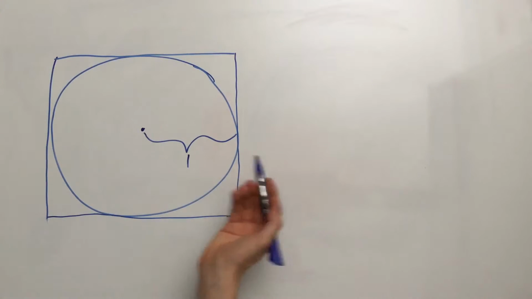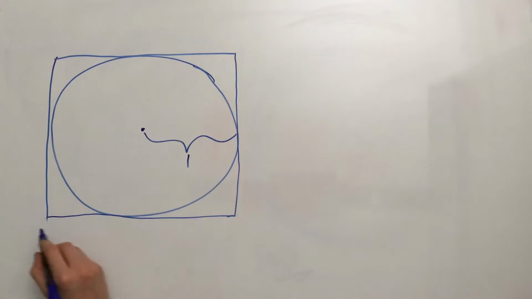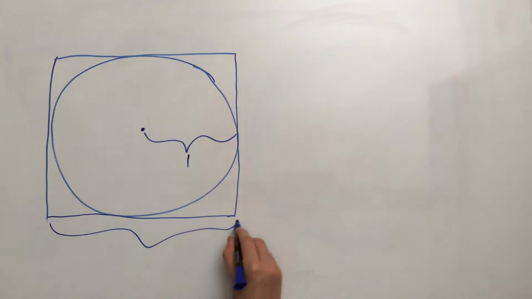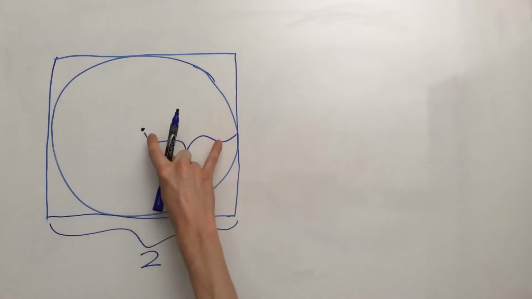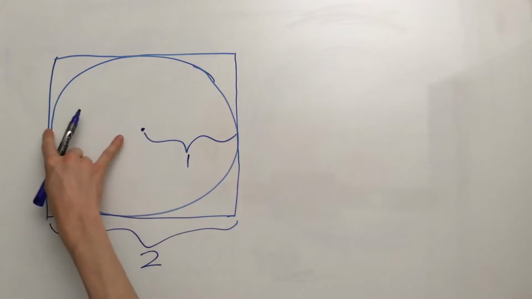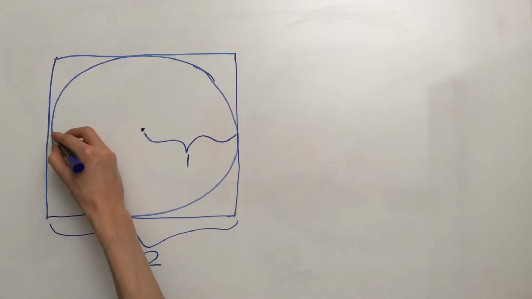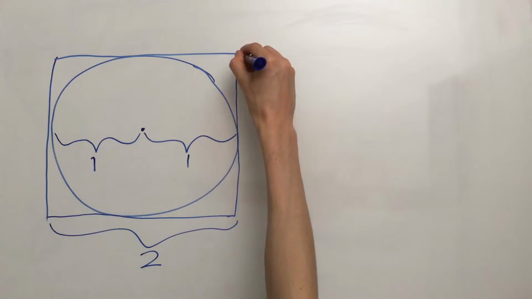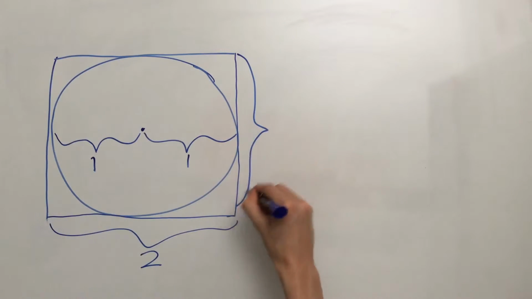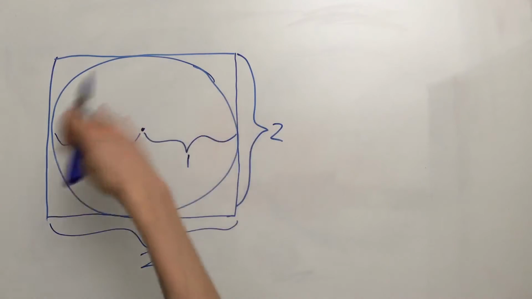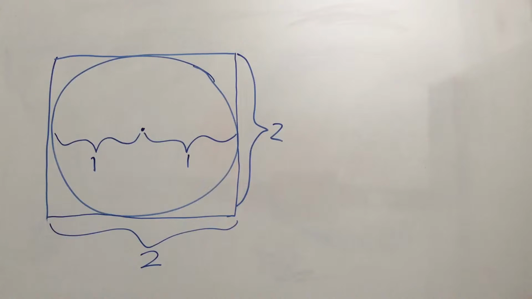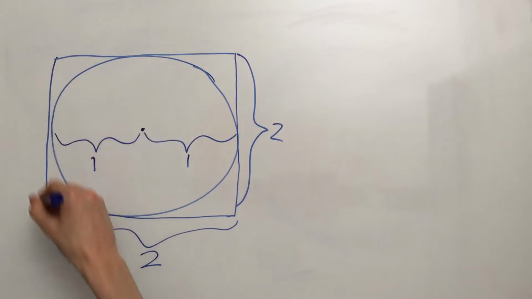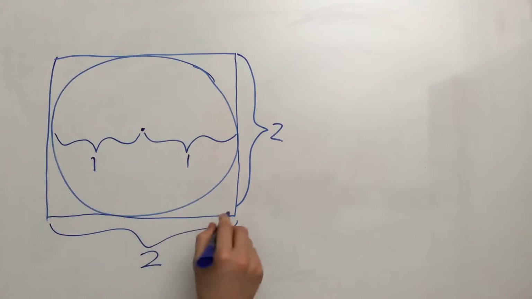So that means this side here has a length of 2, because if this is 1, and that's the radius, there must be another 1 here. So this is 2, and this is 2 as well, because it's a square and it's a circle. That all works out. Now, what's the perimeter of the square?